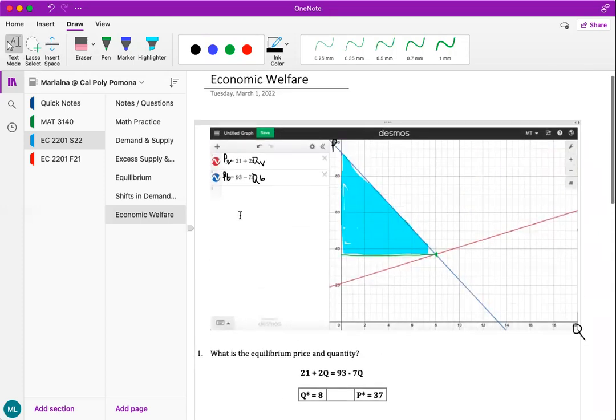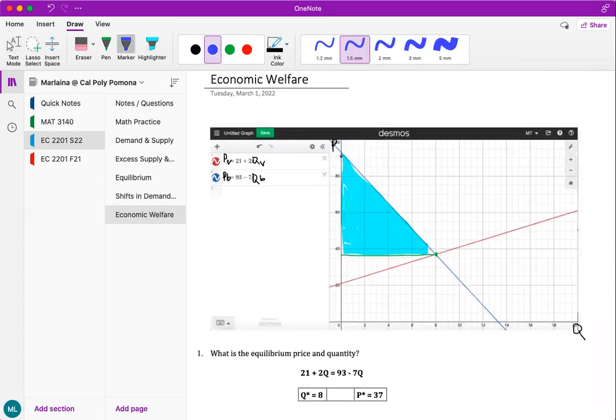Then if we're looking for the height, our height of the triangle is going to be from right here where the demand curve intersects the y-intercept, all the way down to our point right here, the bottom of the triangle, which, as we noted before, is this line drawn out to the P star. Let me write that in a pen instead, to P star.